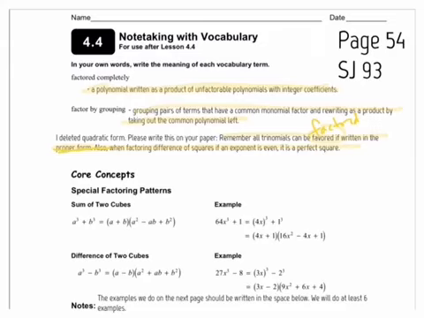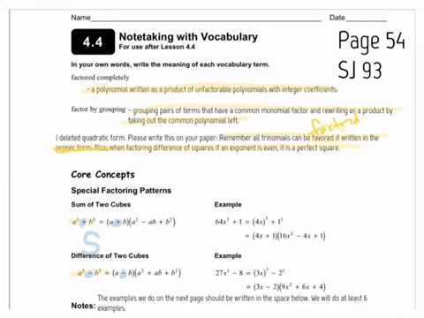Okay, looking at these special factoring patterns, you have a sum of cubes and a difference of cubes. There's something that I want you to notice about each of those. I want you to look at this sign and this sign. Compare them. Those two signs are the same.